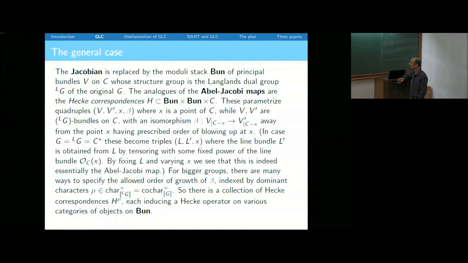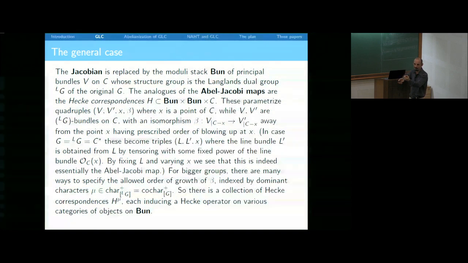And each of them induces a Hecke operator on various categories of objects on Bun. So let me just make sure we see what happens in the abelian case. In that case, the characters are the integers. The dominant cone is just the non-negative integers. There's a generator 1, so there's a basic Hecke correspondence, which is the Abel-Jacobi map.